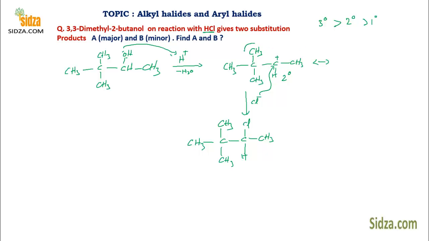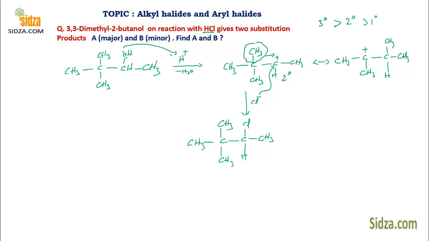This CH3 group, along with the electron pair, shifts completely to the carbocation. Then what do you get? You get the carbon over here with the positive charge, the methyl group here, CH3, CH3, and H is here.